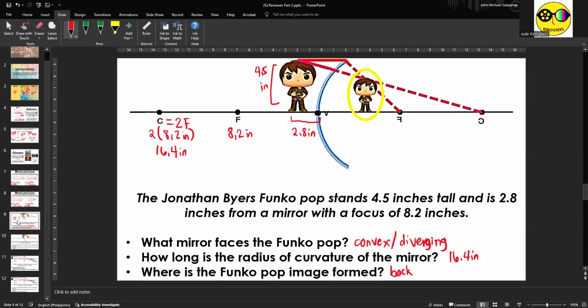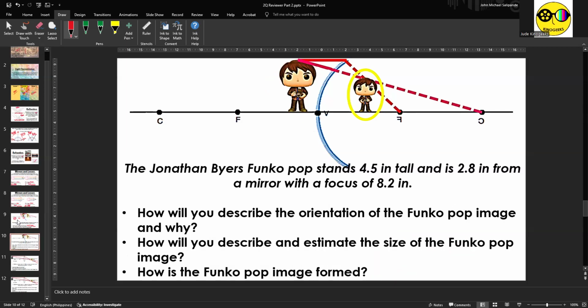Okay, let's have more questions regarding the Jonathan Byers Funko Pop. How will you describe the orientation of the Funko Pop image and why? As we can see, the Funko Pop image was formed at the upper right portion of the optical axis. And by looking at the bangs, we can see that the left and right portions of the image were reversed.